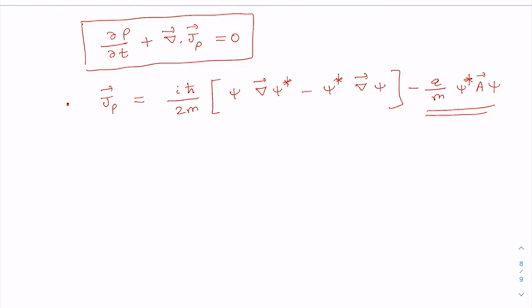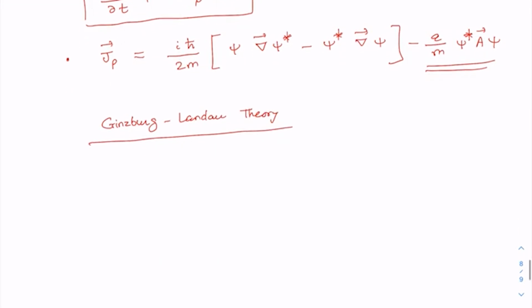Now because of this Ginzburg-Landau theory, the local density of the superconducting electrons is given by mod of psi of r,t squared, right?